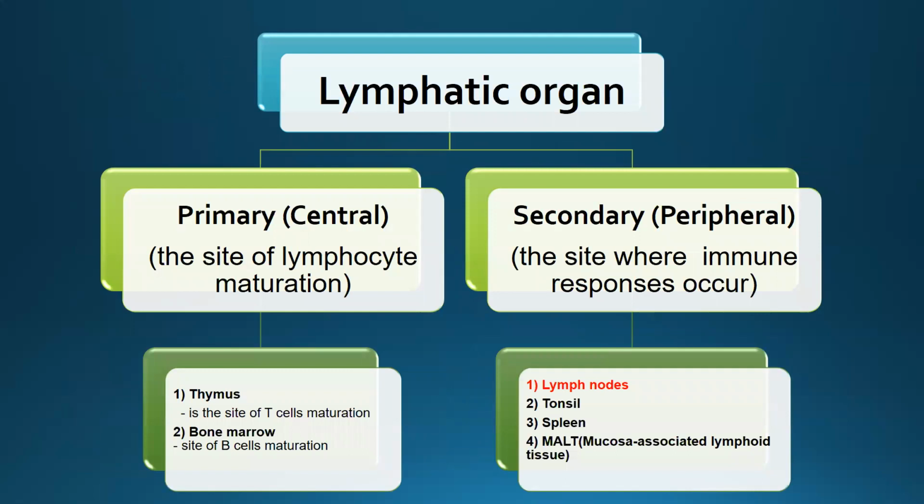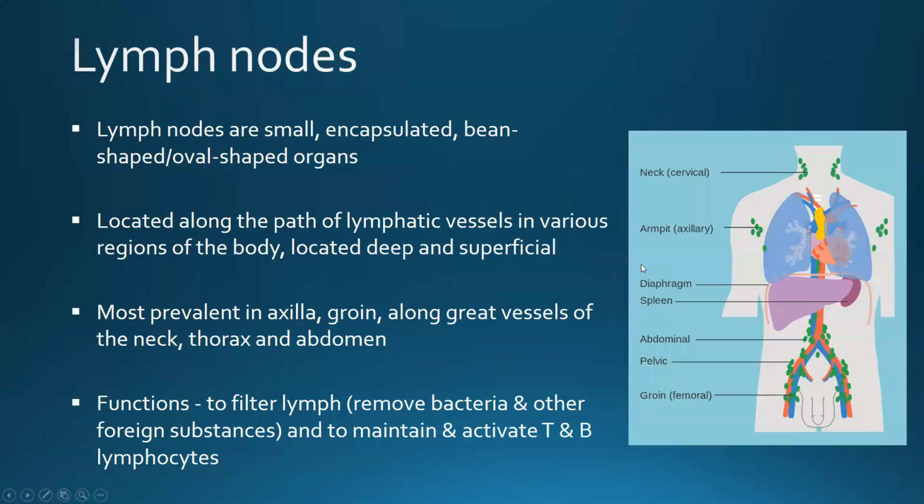Now we go to the secondary or peripheral lymphatic organs. Number one is lymph nodes. Lymph nodes are small, encapsulated, bean-shaped or oval-shaped organs. They are located along the lymphatic vessels in various regions of the body, and they can be found superficial and deep.